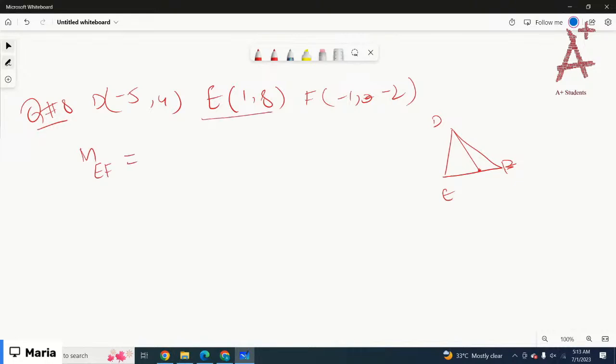EF midpoint: 1 minus 1 is 0, and 8 minus 2 is 6, over 2. That would be (0, 3).